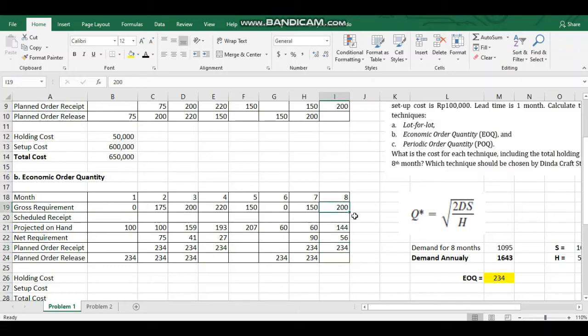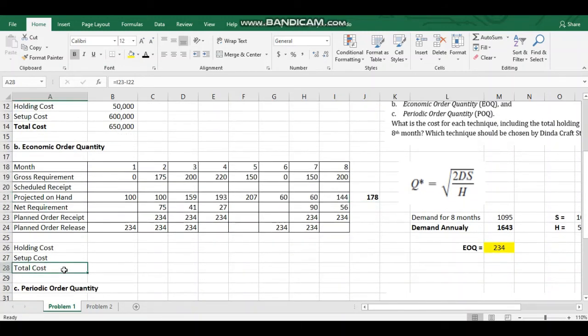This time our requirement is only 200, while our projected on hand, or our inventory, is 144, so this will be used to fulfill the requirement, and the remaining 56 will be fulfilled using the planned order receipt. So the planned order receipt still has remaining units, right? 234 minus 56, and it becomes our inventory and will be carried to the next month. Okay, so this is our ending inventory.